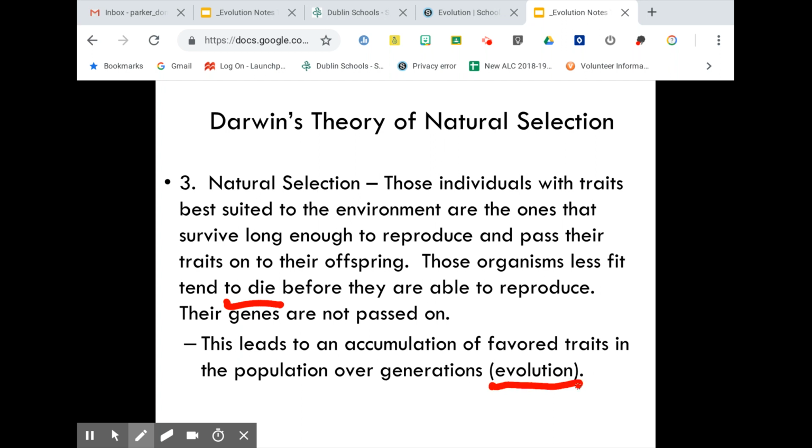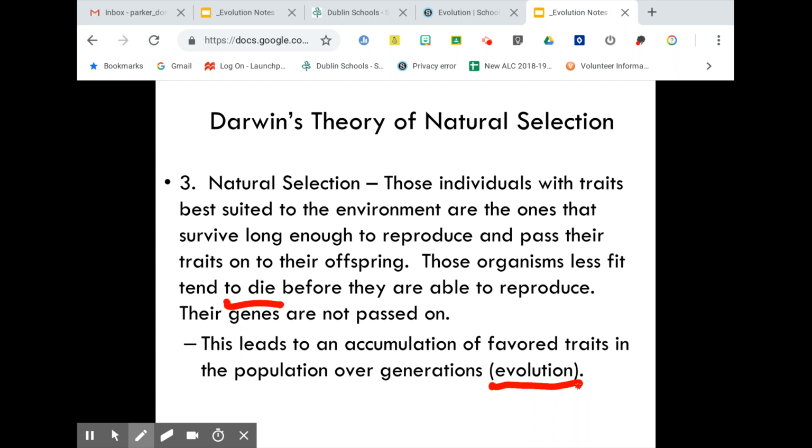One of the things that Darwin thought is that evolution was a fairly slow process. But as we've seen with antibiotic resistance in bacteria, it's actually a process that happens fairly quickly.